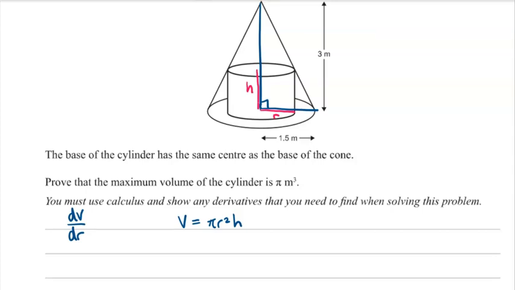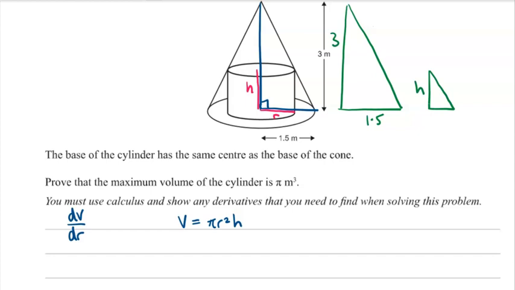Now, my preferred method of doing this is similar triangles. So if we think about the big triangle that we've got here, where that's 3 and that's 1.5, we've also got a little triangle just here that's similar to it. So that little triangle will have a height of h, and the base of this little triangle will be 1.5 minus the radius. So now we can link those two.